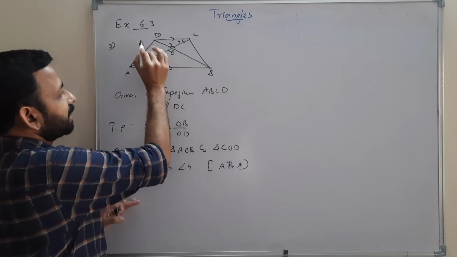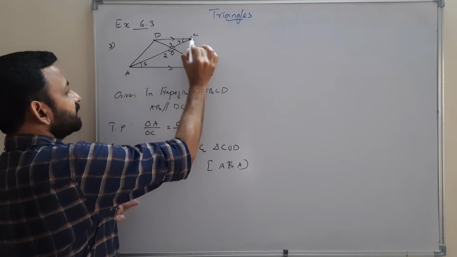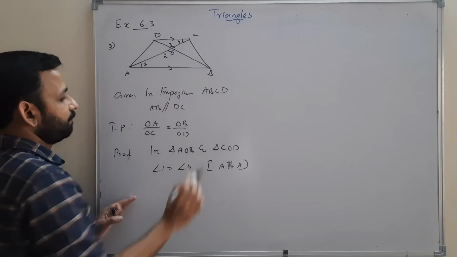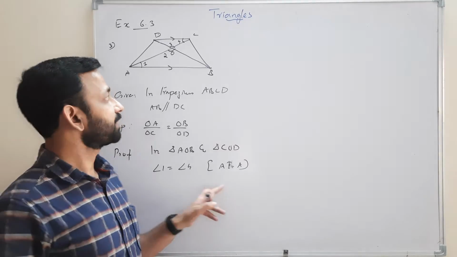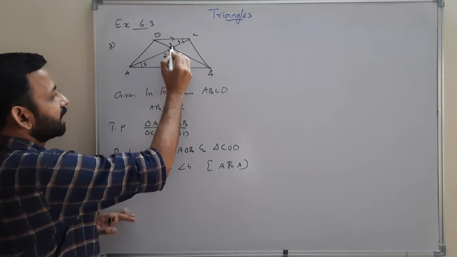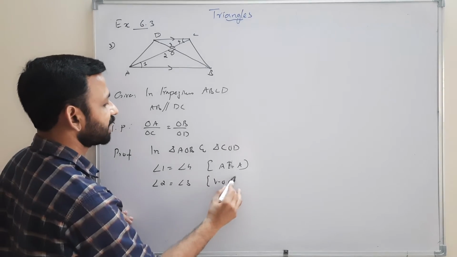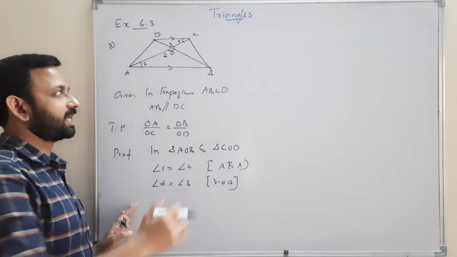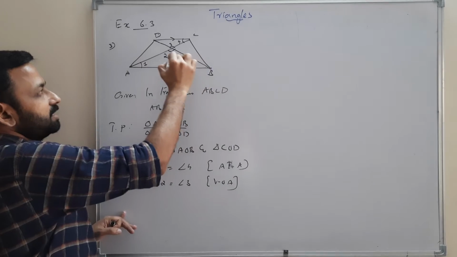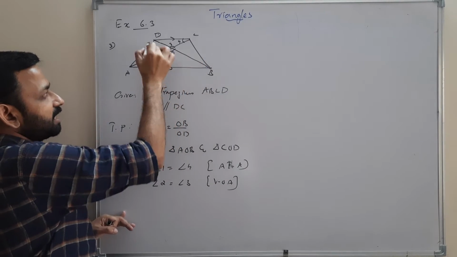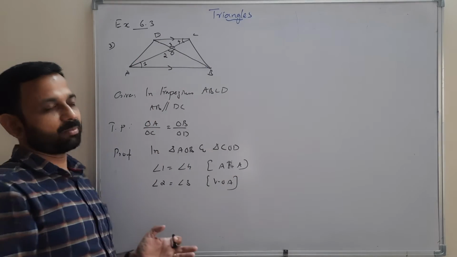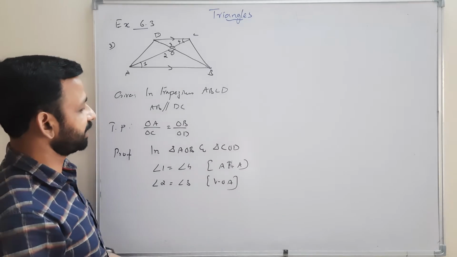Because AB parallel to CD, this is a transversal, so angle 1 equal to angle 4, alternate interior angles. Then angle 2 equal to angle 3, vertically opposite angles, because these are the diagonals. So line intersecting lines, so these two angles are vertically opposite angles. Vertically opposite angles are equal.